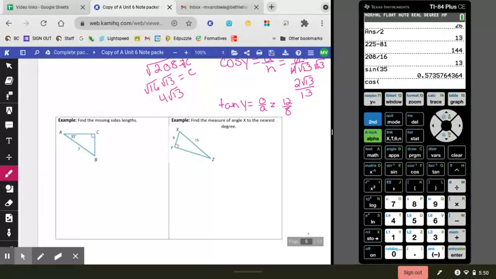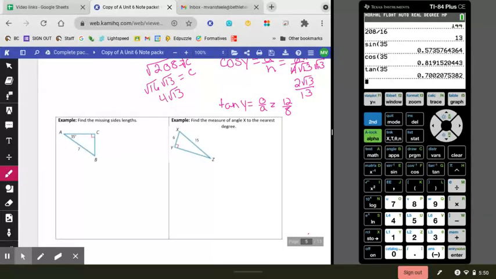If I do cosine of 35, I also get a number, and tangent of 35, I get a number. So when I know the angle, I can find the missing sides by using sine, cosine, and tangent, because those are just numbers.